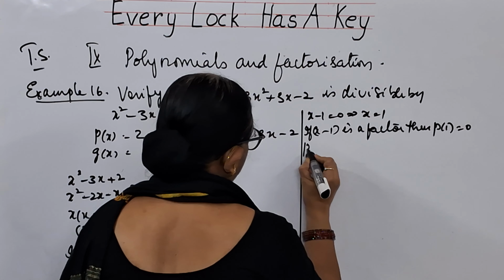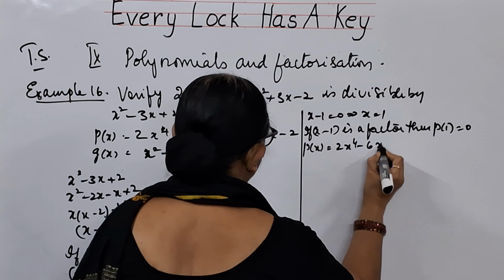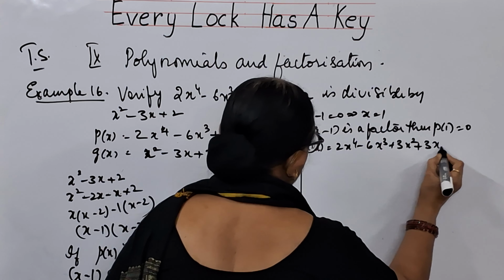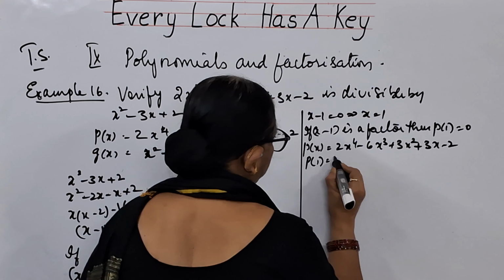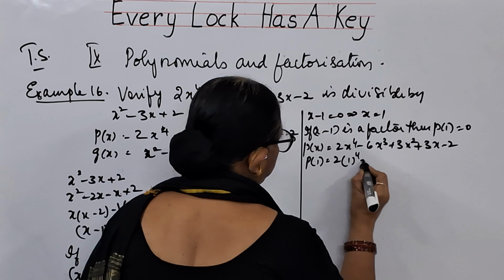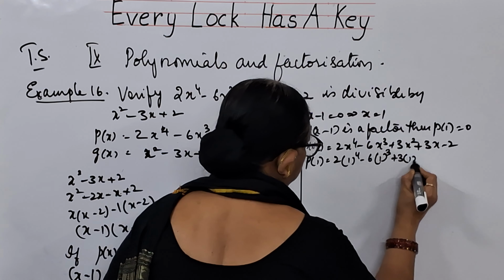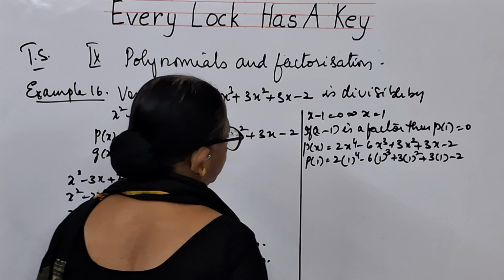So let us take p of x, 2x to the power of 4 minus 6x cube plus 3x square plus 3x minus 2. What is p of 1? 2 into 1 to the power of 4 minus 6 into 1 cube plus 3 into 1 square plus 3 into 1 minus 2.